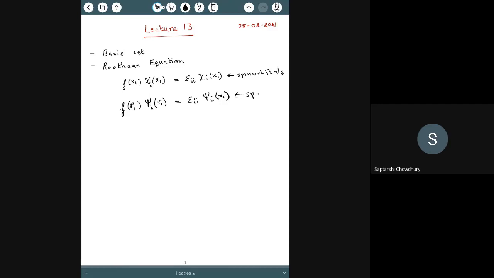So this is the spatial one. And now we need to get this into a form which is numerically solvable.